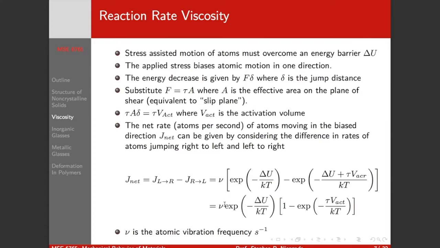Or the number of possible jump attempts, right? How many times the atoms vibrate back and forth in a given second, right? And then this encodes the probability of a successful jump in the positive direction.